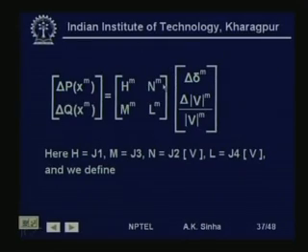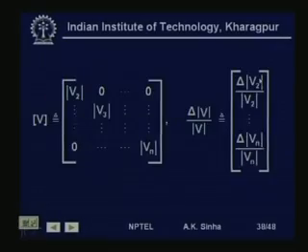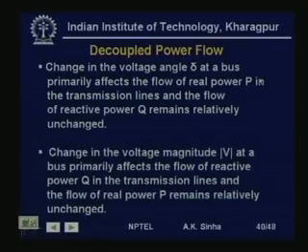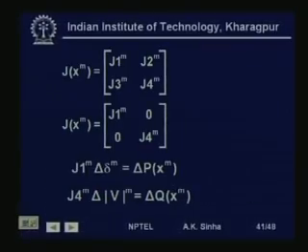If we check the elements of these matrices, we will find the elements of matrices N and M are very small compared to the elements of H and L, and therefore, we can think of decoupling the equations by neglecting those two terms, that is, by assuming del p by del v terms to be 0 and del q by del delta terms to be 0. So, this is what we try to do, as shown here, these two submatrices are assumed to be 0.